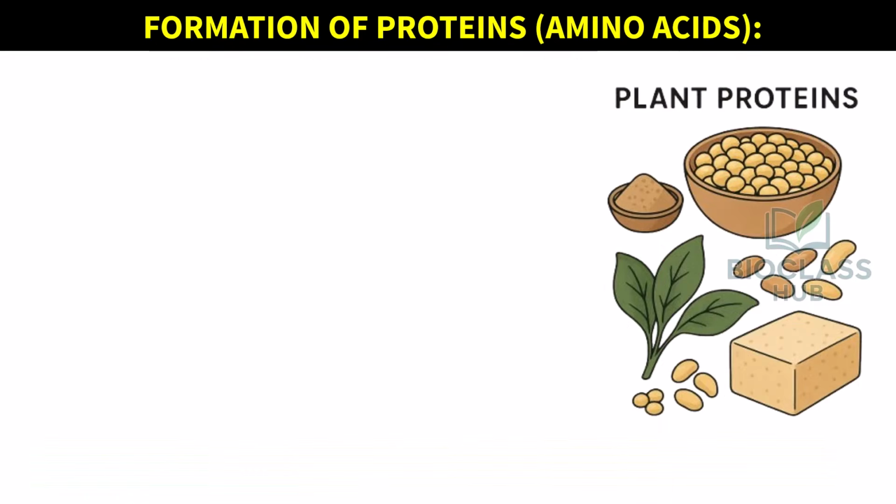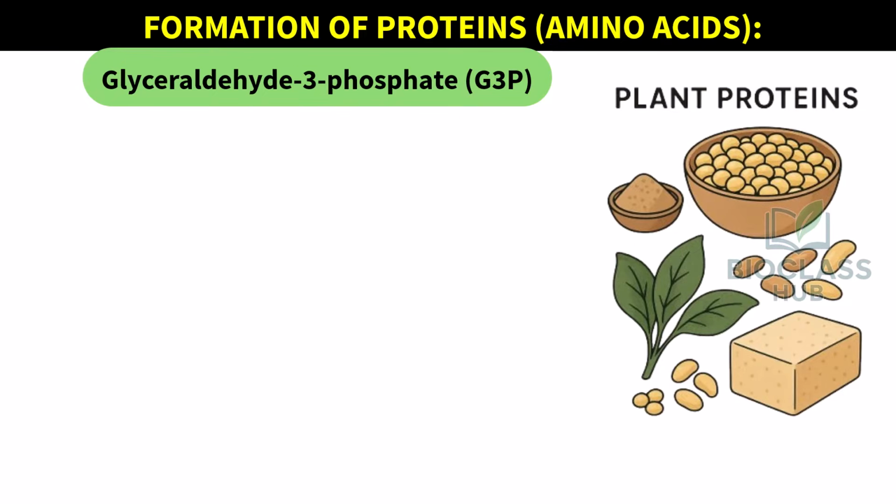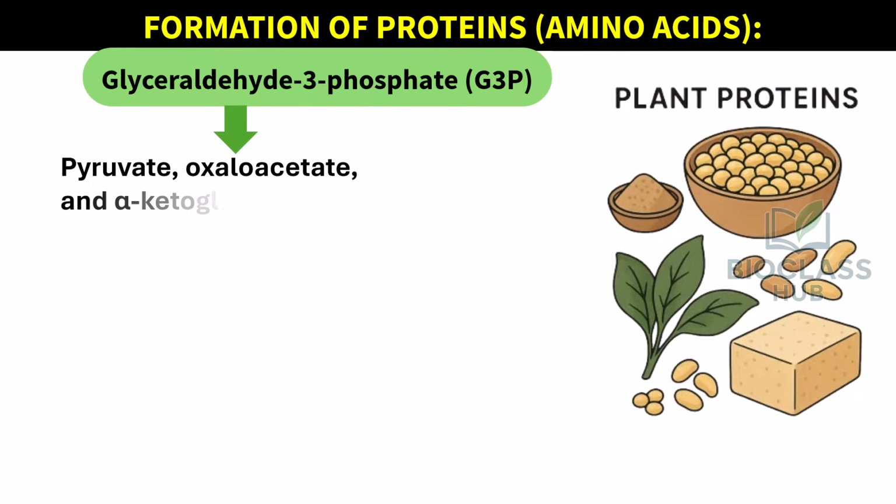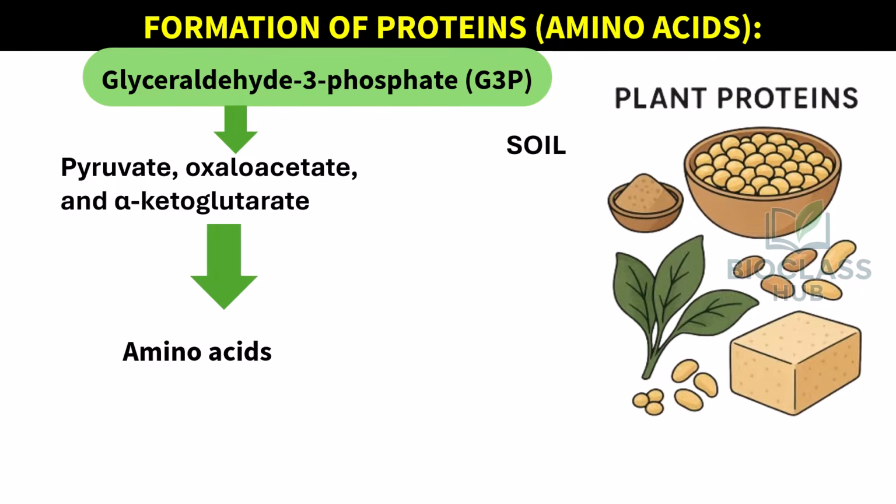Amino acid synthesis for the synthesis of proteins. G3P and other intermediates enter glycolysis and the Krebs cycle, forming organic acids like pyruvate, oxaloacetate, and alpha-ketoglutarate. These serve as carbon backbones for amino acids. Nitrogen assimilation. Plants absorb nitrates or ammonium ions from the soil.